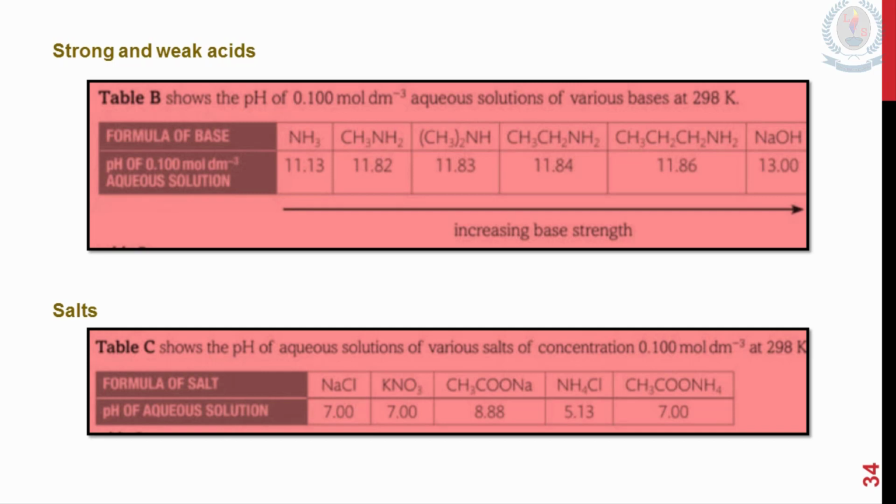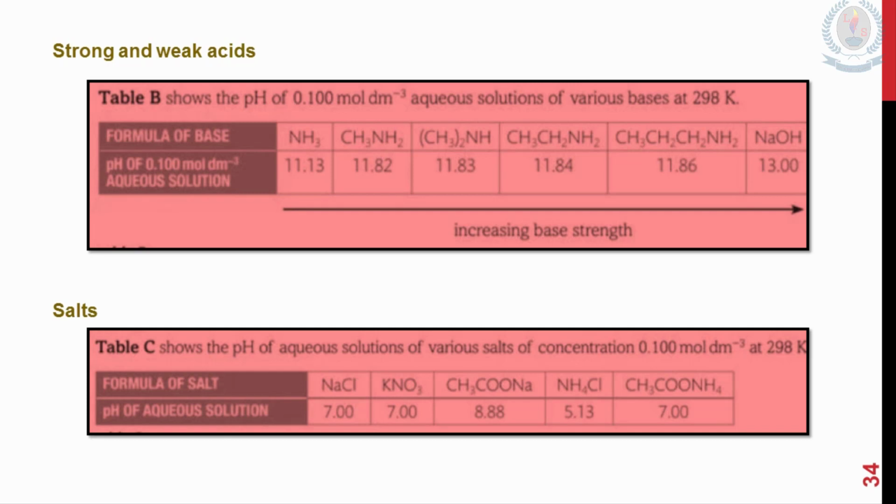The same is true for KNO3. Think about what the acid and base are there, which is a product of the strong acid HNO3 and the strong base KOH. An aqueous solution of CH3COONa is alkaline because it is the product of a weak acid, ethanoic acid, and a strong base, sodium hydroxide.